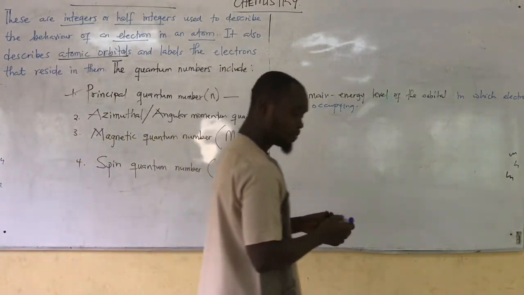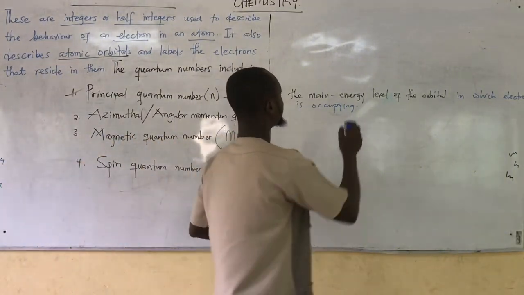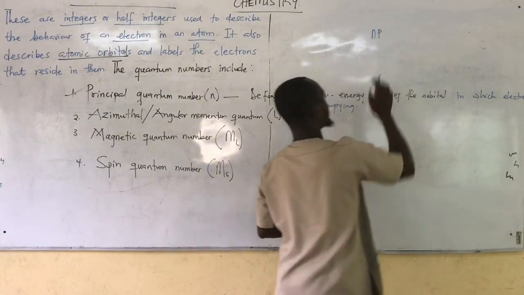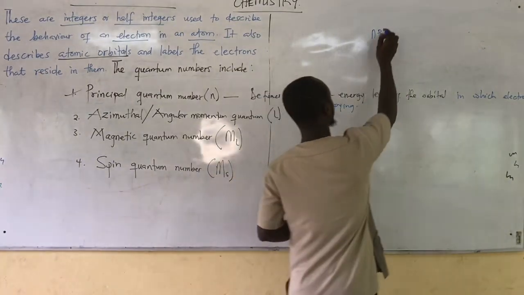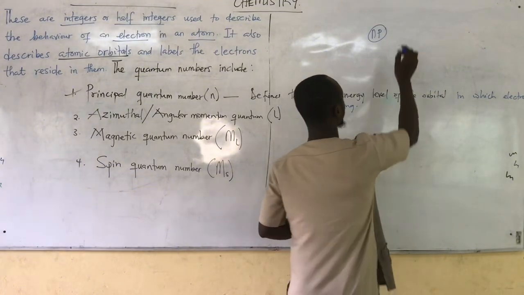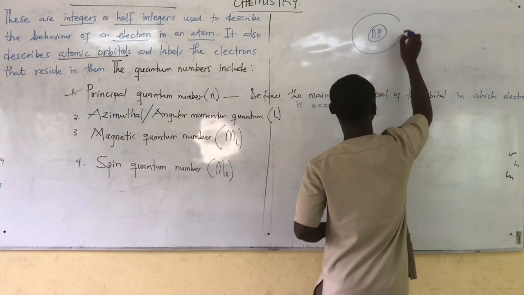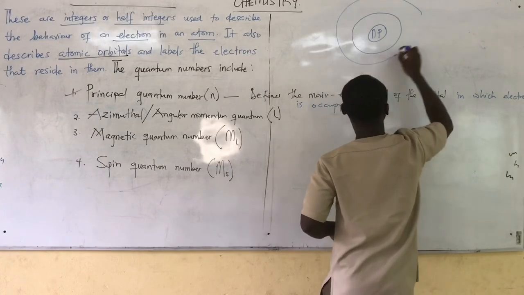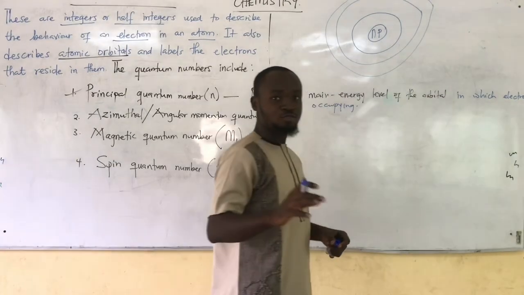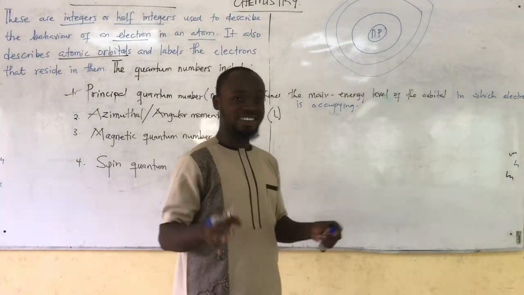So in the modernized structure of the atom, we have the nucleus which contains the neutrons and the protons. And then I have the shells. The diagram is not drawn to scale, so it is just a sketch.